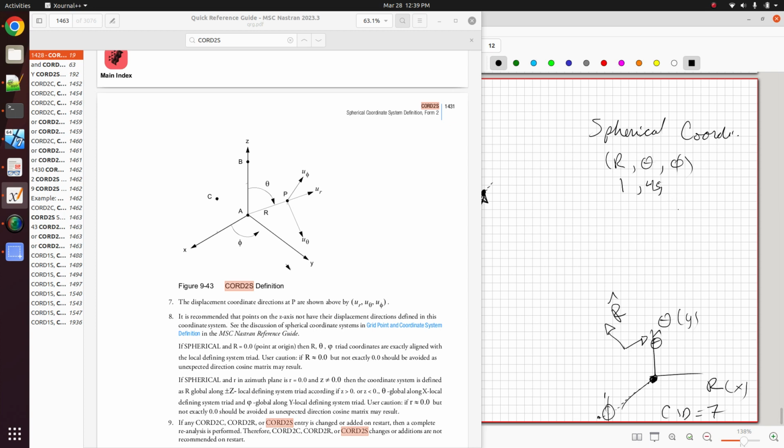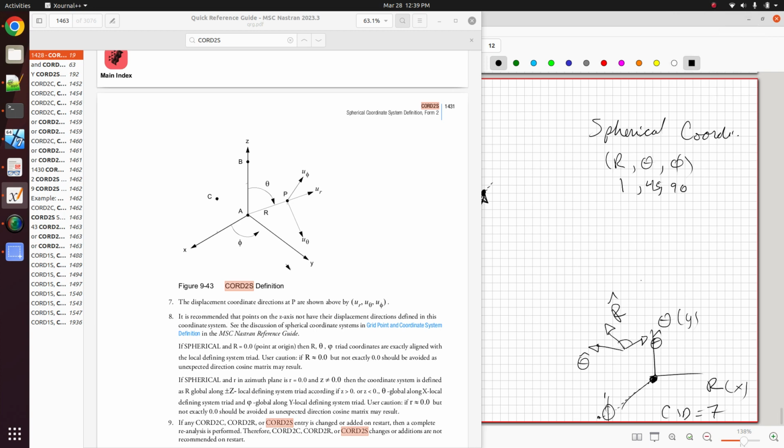Or actually, I need to include it. Okay, so once you're here, you'll need to rotate this by phi. So this is going to be your theta hat, and then this right here is going to be your phi hat.